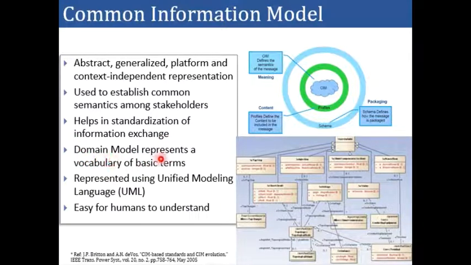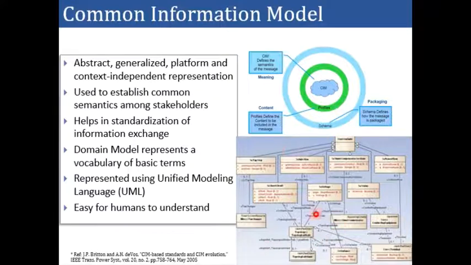The domain model of CIM represents a vocabulary of basic terms. We will see what the various attributes are. CIM is represented using the Unified Modeling Language, that is called UML. UML is nothing but the graphical representation of the collection of classes and their relationships.